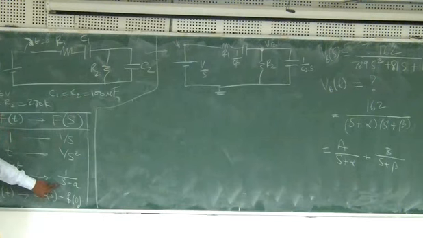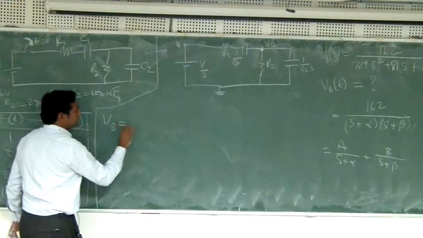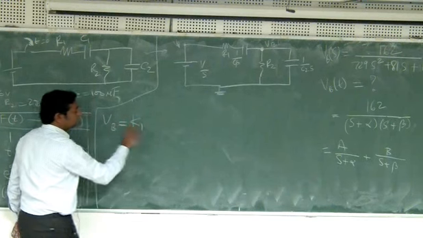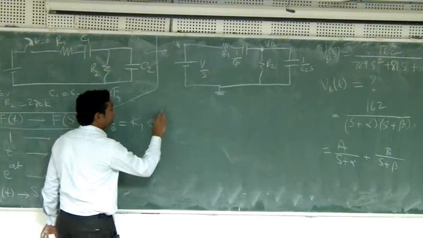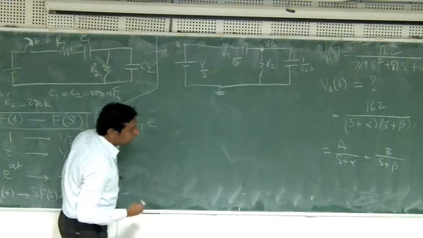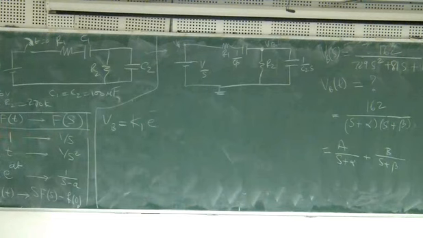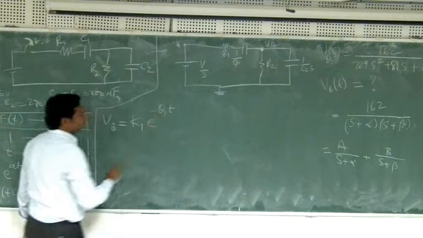So therefore I can write it, because this is minus, it is becoming plus. If it is plus, here it will become minus. Okay, so I will get something like this: VB equal to some constant K1 e to the power of minus, let's say, theta 1 into t.